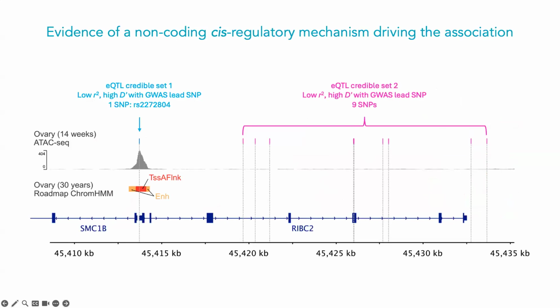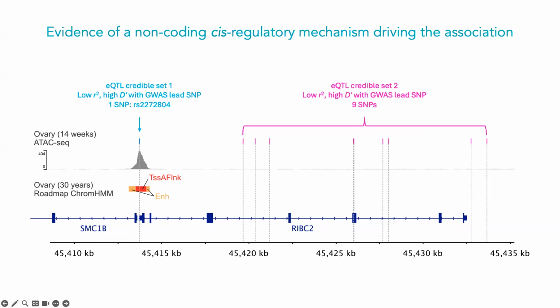So we apply this fine mapping approach. We narrow in on 2 independent causal signals at this locus that interestingly are not detectable if you just look at a European ancestry cohort like GTEx, for example. These are in strong LD in European populations, but within the more diverse cohort, you can disentangle these 2 causal signals.